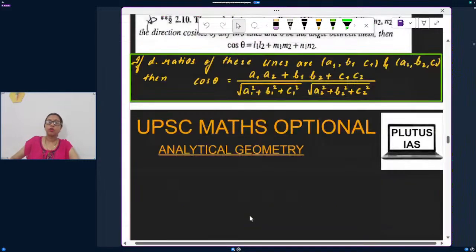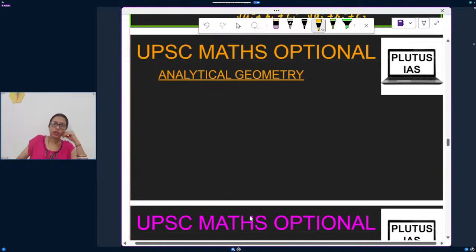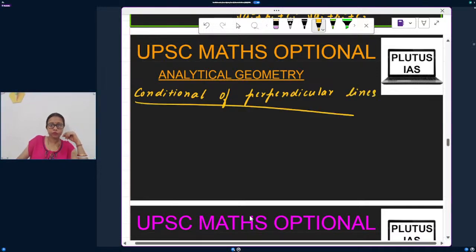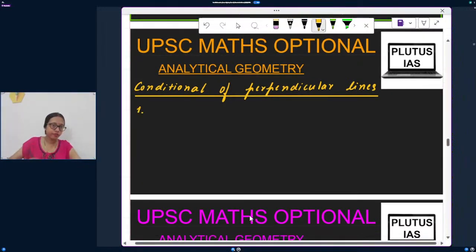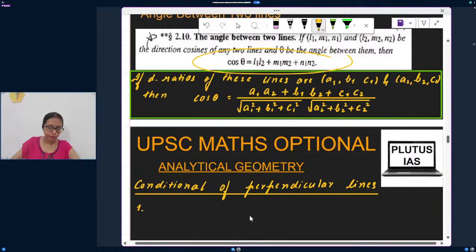Now, what is the condition of perpendicular lines? If you are talking about this formula, then the angle between them is 90, and cos 90 is 0.